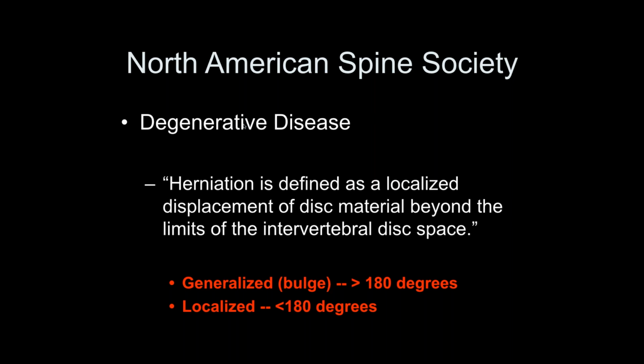So one of the hallmarks of degenerative disc disease is water loss, or desiccation, of the disc, and disc herniations. Disc herniation is defined as a localized displacement of disc material beyond the limits of the intervertebral disc space. And it can either be generalized, which is often called a bulge, if it's greater than 180 degrees around the circumference, or localized if it's less than 180 degrees.